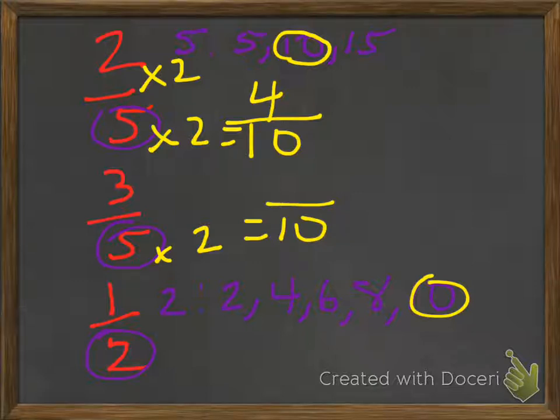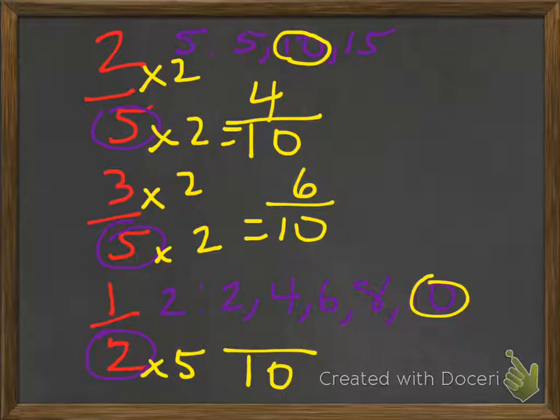And whatever I do to the bottom, I have to do the top, and I get 6/10. Now I take a look at the 1/2. I want to make the denominator 10 as well. How do I do that? Well, 2 times 5 equals 10. Whatever I do to the bottom, I have to do the top, and I get 5/10.